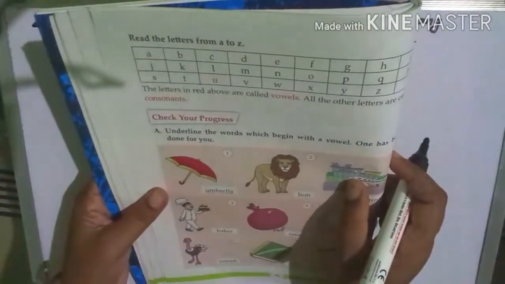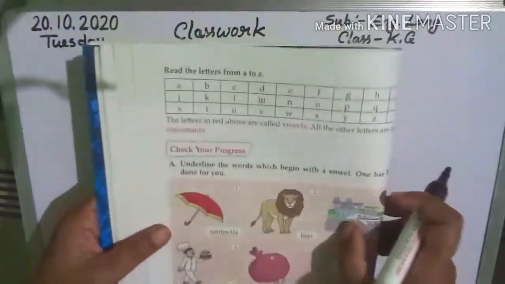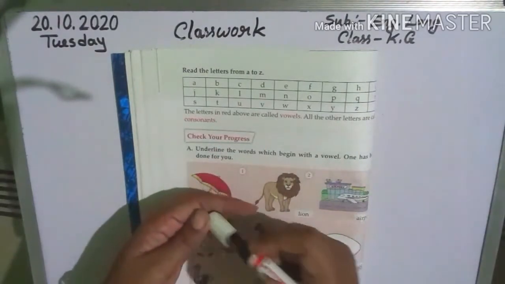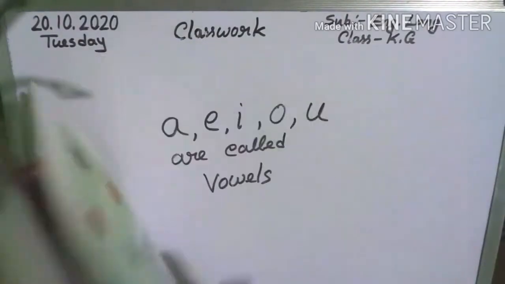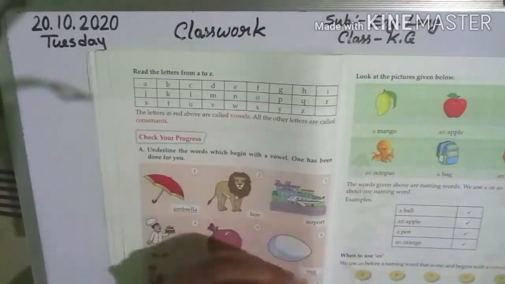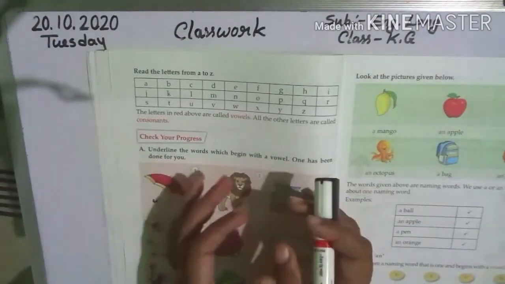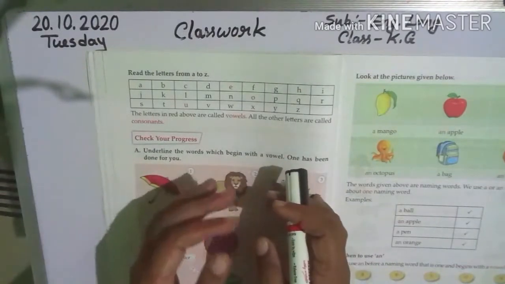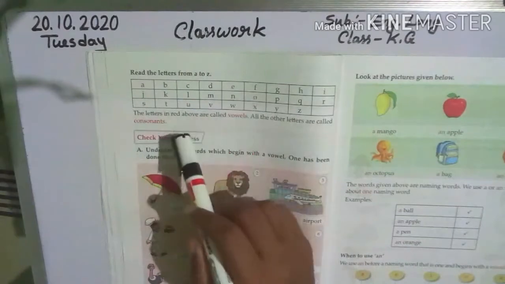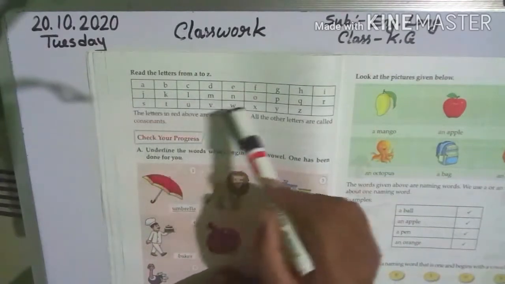So, read the letters from A to Z. A, B, C, D, you know. E, F, G, H, I, J, K, L, M, N, O, P, Q, R, S, T, U, V, W, X, Y, Z. So, the letters in red above are called vowels. You see, the letters in red color.